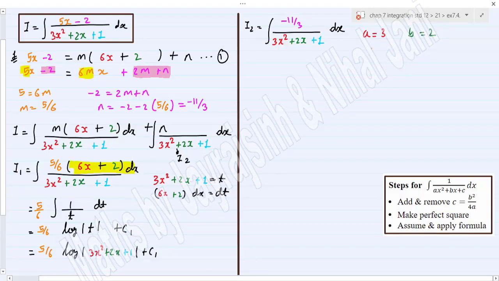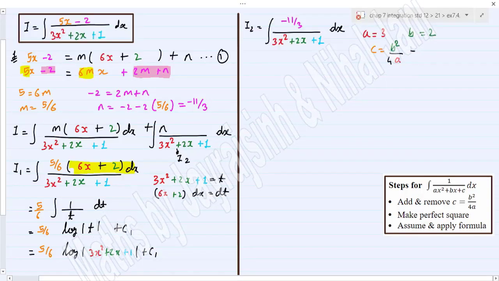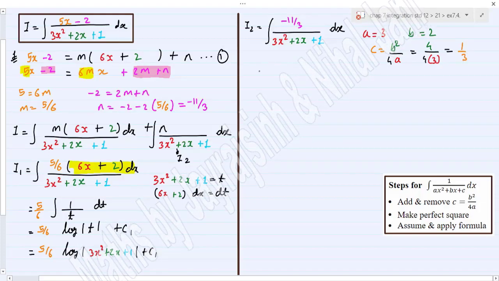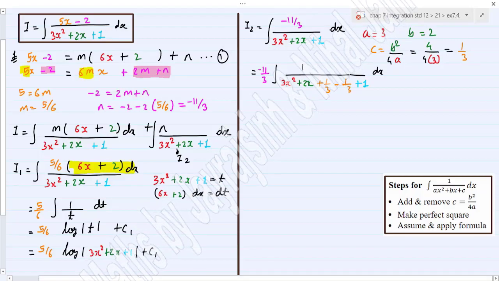Then we can say our required last term will be b square upon 4a, or we can say 4 upon 4 times 3, which will give us 1 by 3. Okay, now let's write down what we have. Now let's add and remove our required last term, which is 1 by 3.